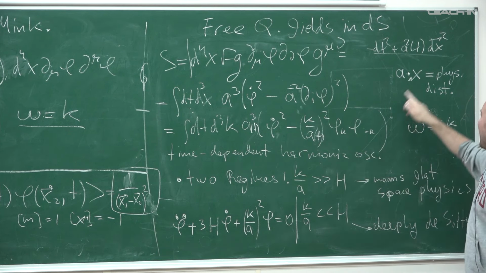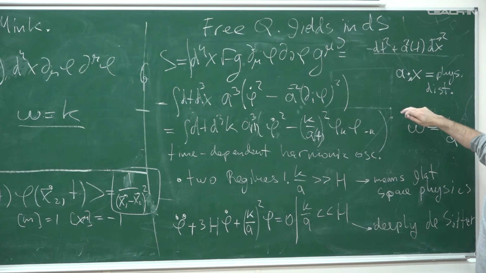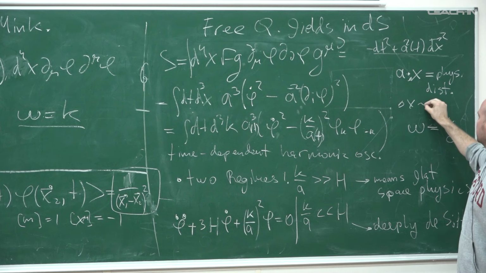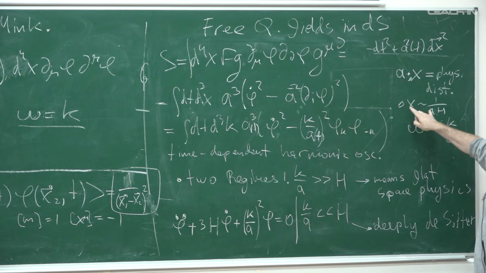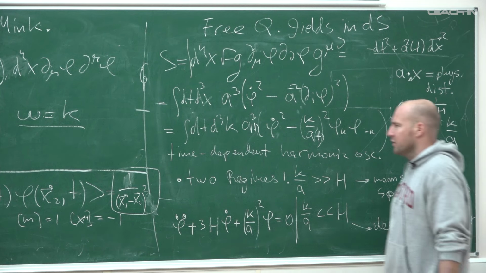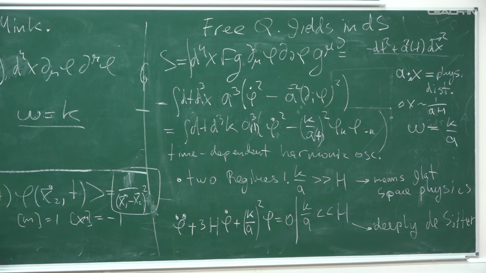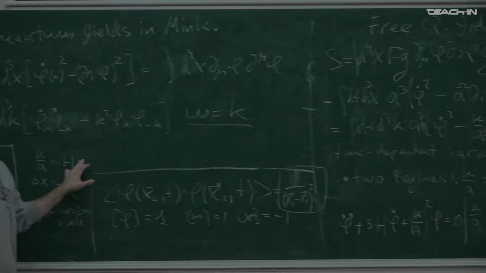That corresponds to delta x being 1 over a h, and if delta x is 1 over a h, then k should be a times h, right? Okay, that's another way to see it.